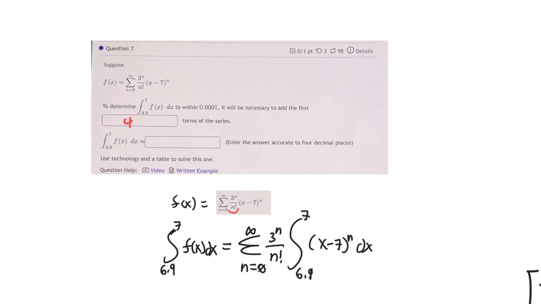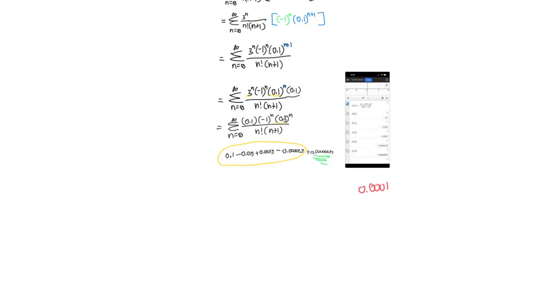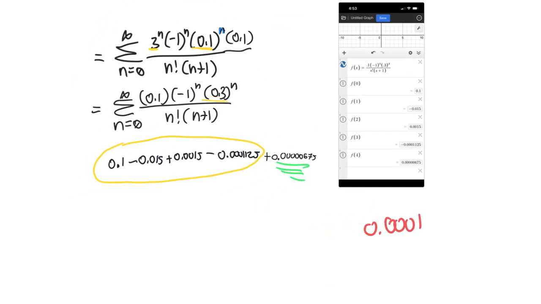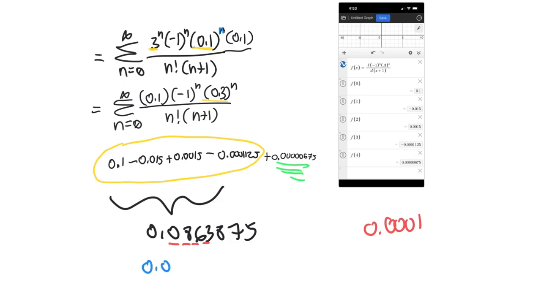So if you were to add all 4 of these in your calculator, my calculator is showing 0.08638875. But if we're going to do it to 4 decimal places, that's 0.0864. All right, so that's how you do that one.